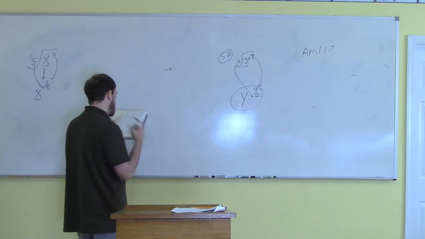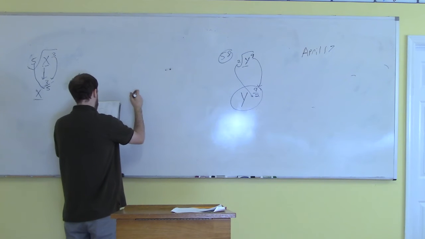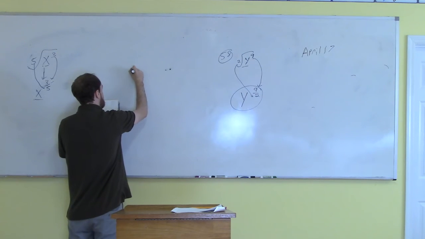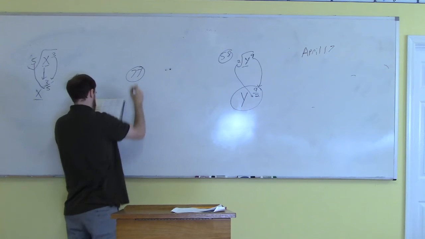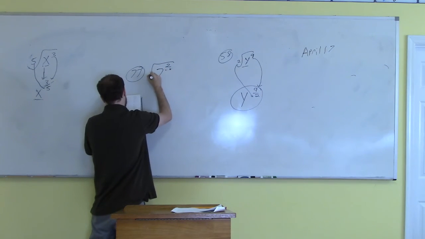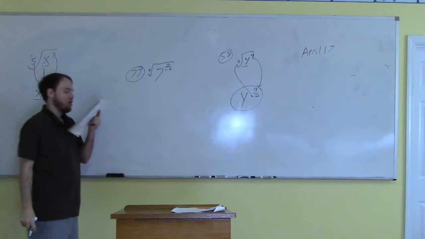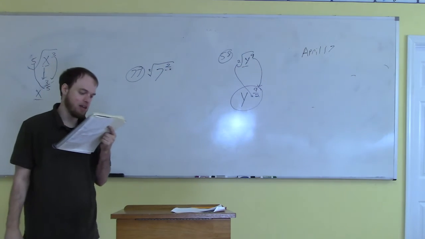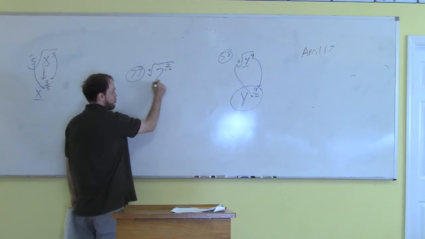For example, 77 would be 7 squared under the radical. The first thing I'm going to do is write it in terms of fractional exponents. The base would be 7.